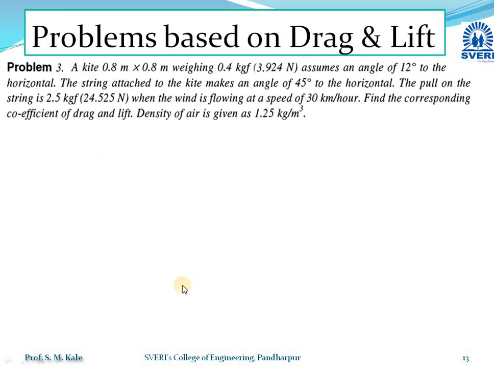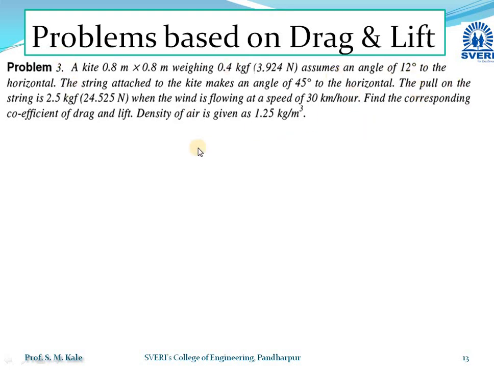So the kite is making an angle of 12 degree with the horizontal. The string attached to the kite makes an angle of 45 degree to the horizontal. So whatever string we attach to that kite, that string is making an angle of 45 degree with the horizontal, and the kite is making an angle of 12 degree with the horizontal.